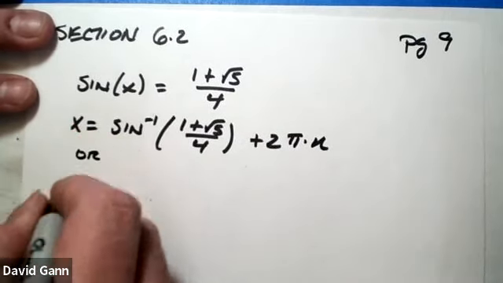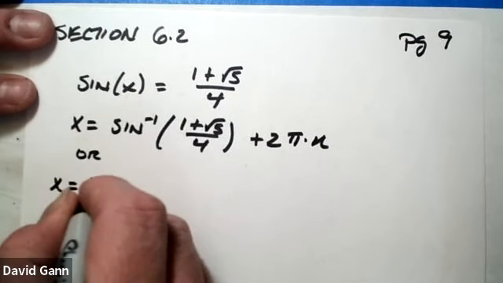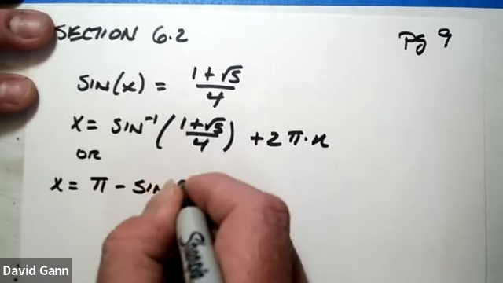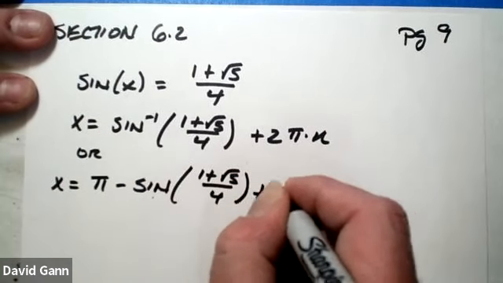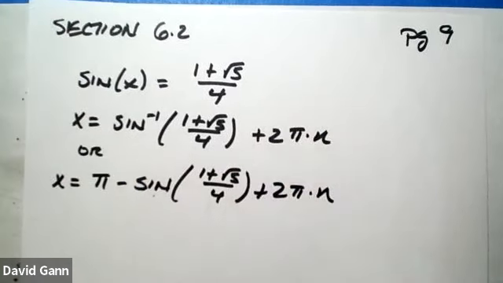Or x will be equal to pi minus the inverse sine of 1 plus root 5 over 4 plus 2 pi times n. Now these are both going to end up with solutions that are numeric.